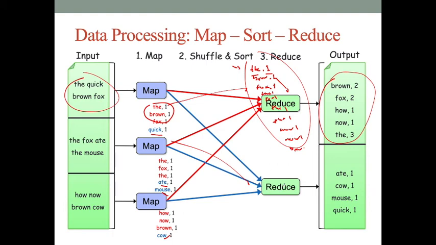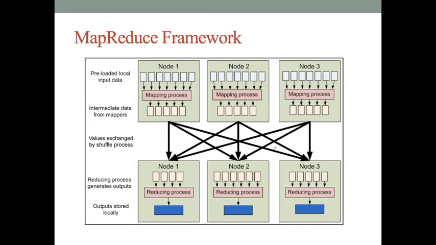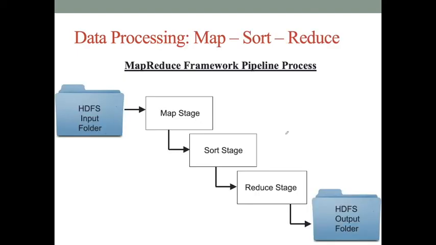Most of the work here is going to be done by the mappers, but the reducers are also going to be processing a lot of things. Again, it's really up to the system to decide what information to send to these particular reducers, and we cannot really control that.